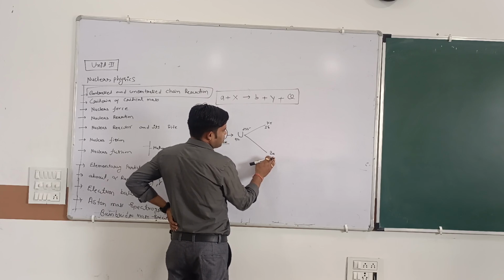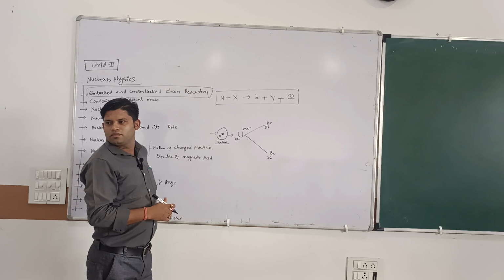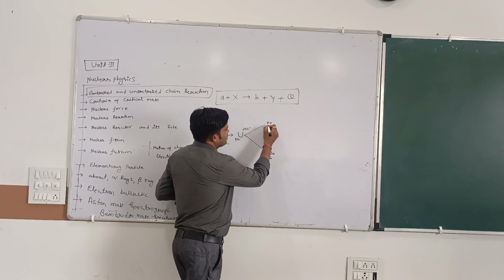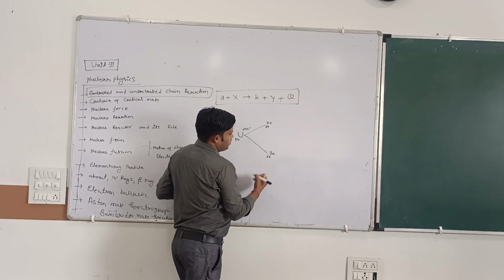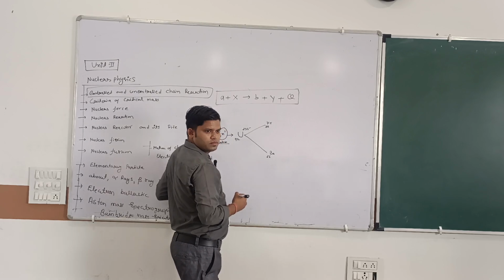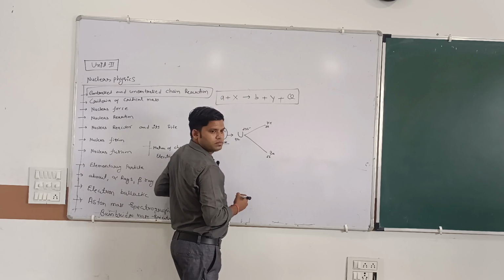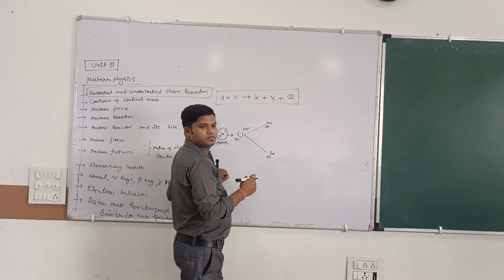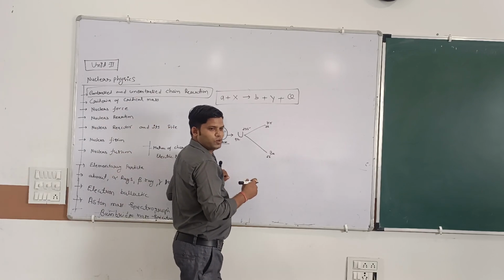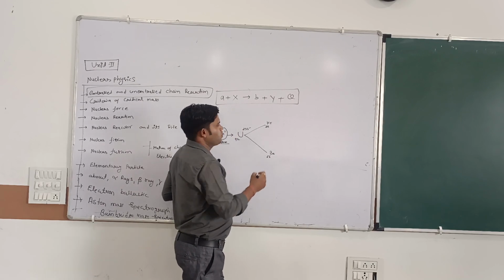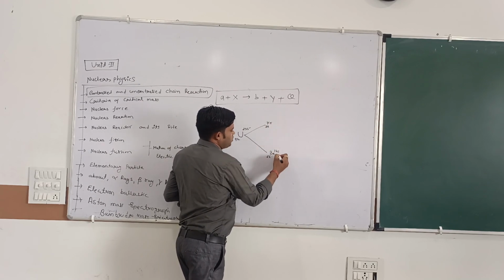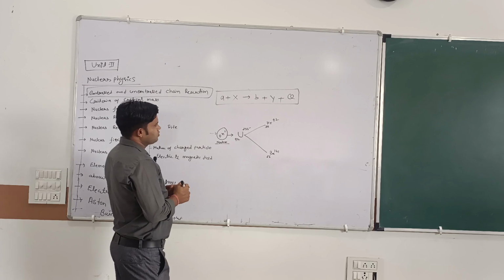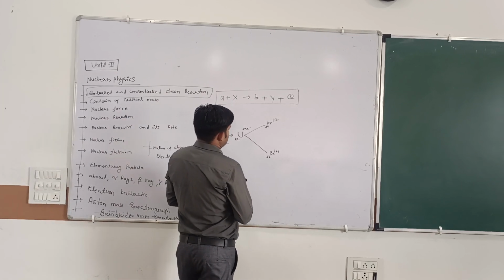Krypton is 36 and barium is 56. What is the atomic mass of barium? 137? No. 141 and 92.